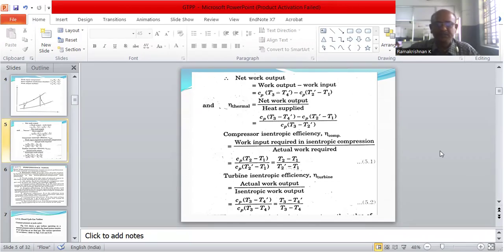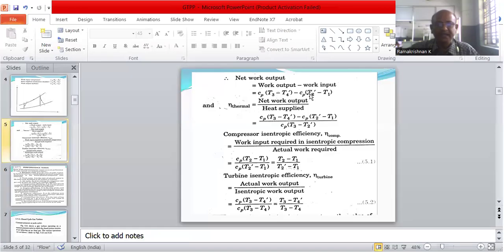So some part of the energy from the turbine output is utilized to run the compressor, so we have to separate the compressor work. That is Cp into (T3 minus T4 dash) minus Cp into (T2 dash minus T1). And thermal efficiency is the net work output divided by the heat supply.